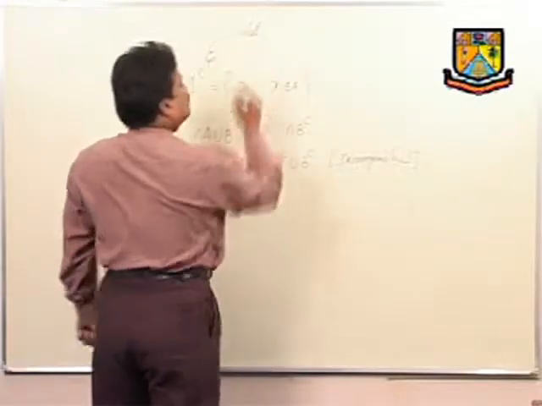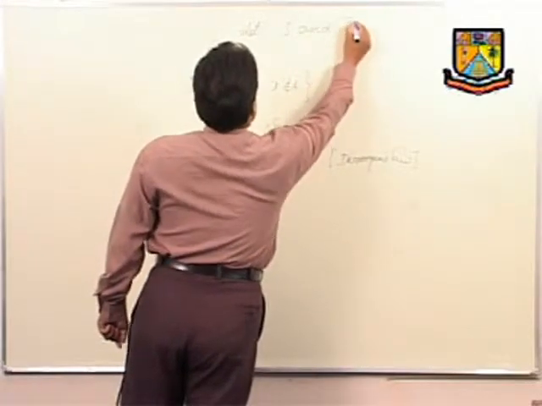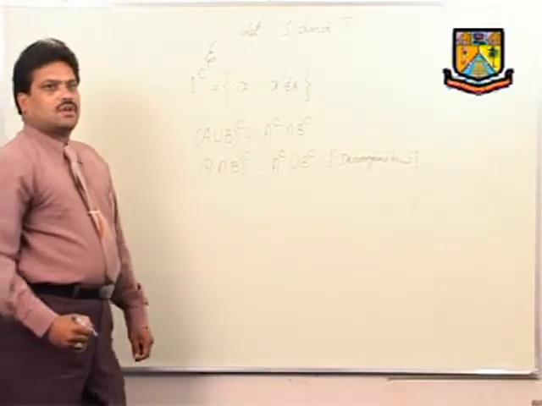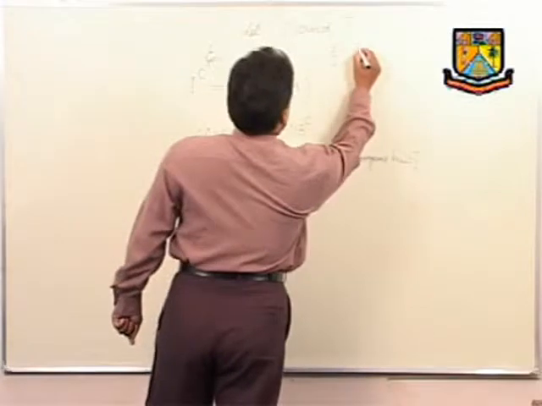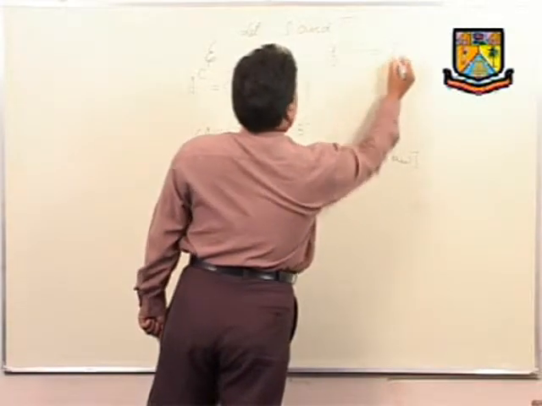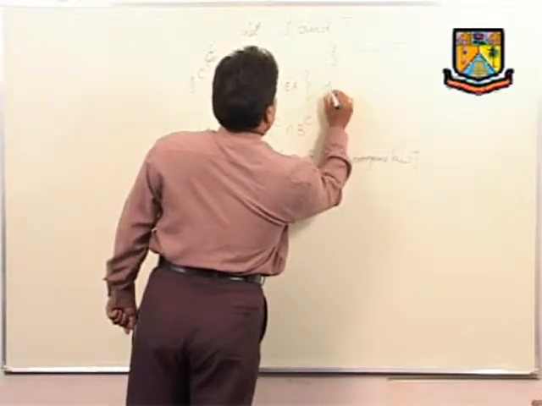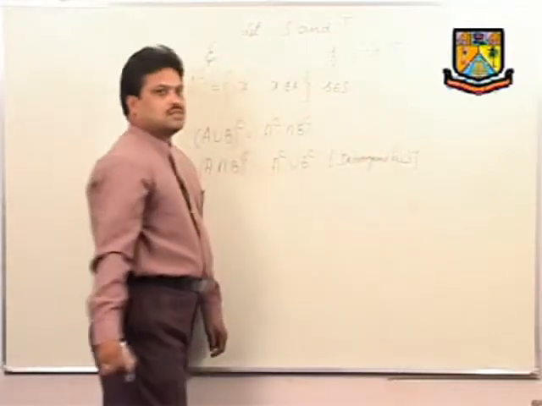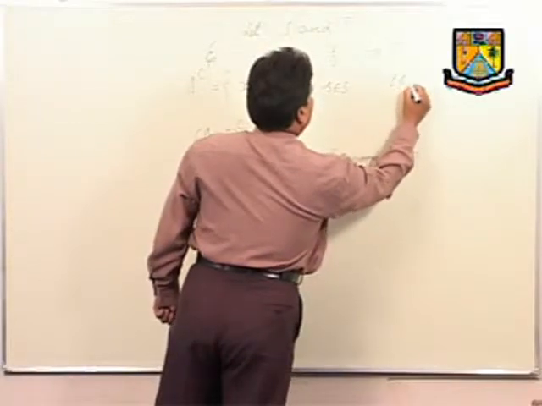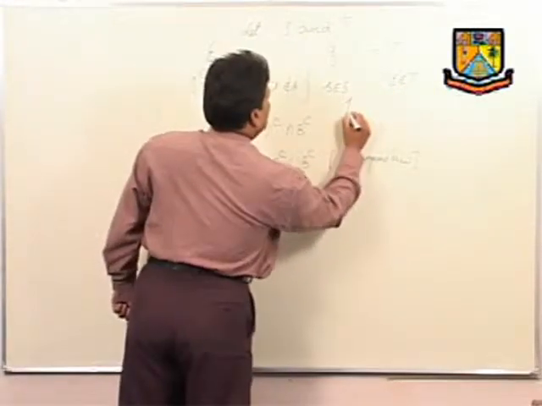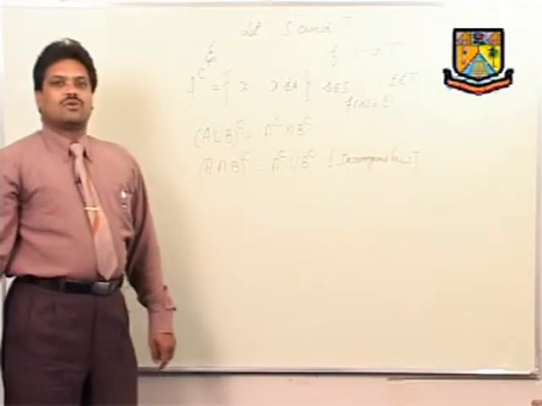Let S and T be two sets, and a function f is a rule which associates from S to T, defined as for any small s in capital S, there exists a unique element t in capital T such that f of s is equal to t.